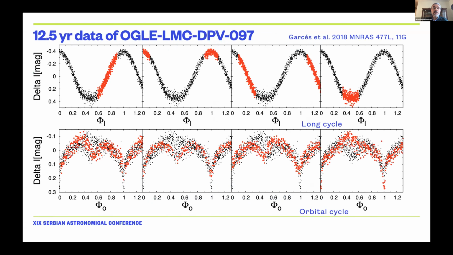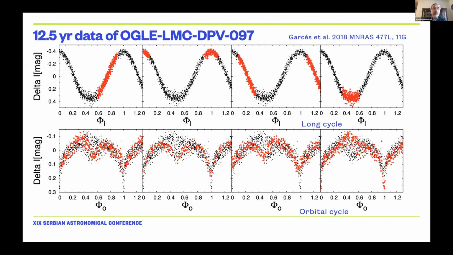For the first case, we have 12.5 years of data, and we have disentangled the light curve into a long cycle, shown here in the upper graph, and an orbital cycle, shown here in the lower graphs. So we separated data into the ascending branch of the long cycle, the maximum of the long cycle, the descending branch, and the minimum of the long cycle.